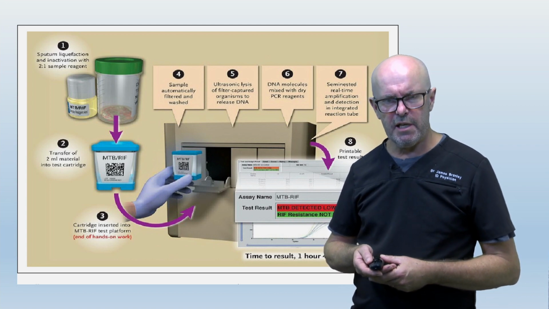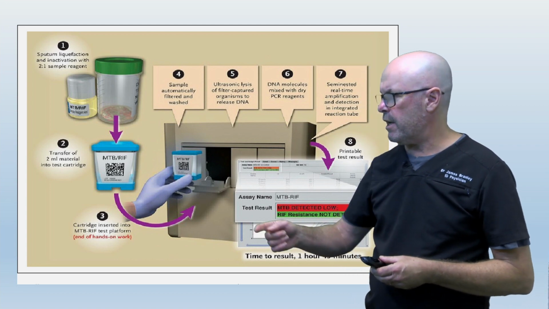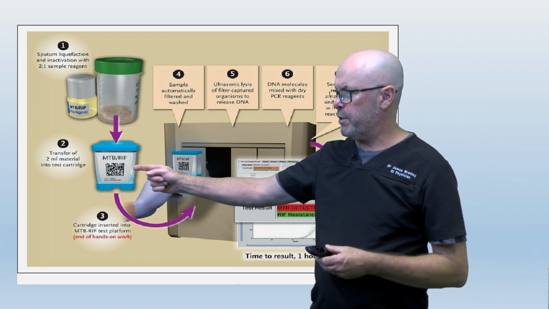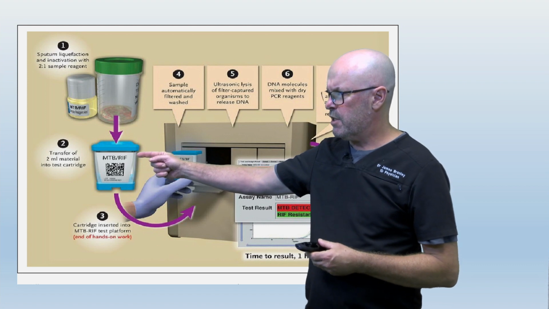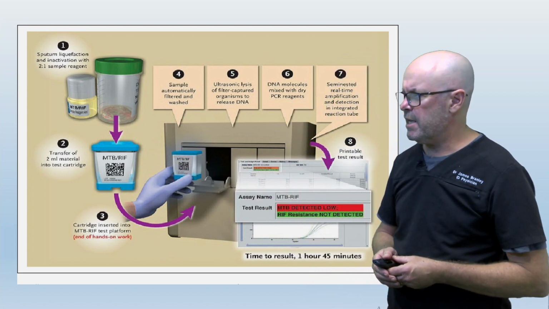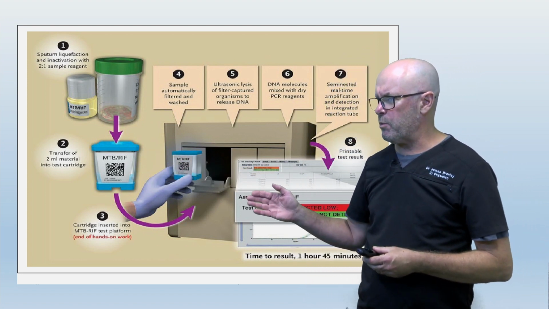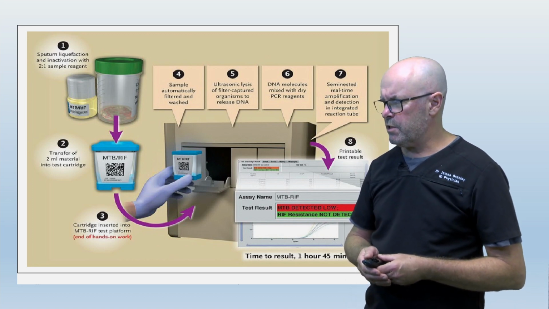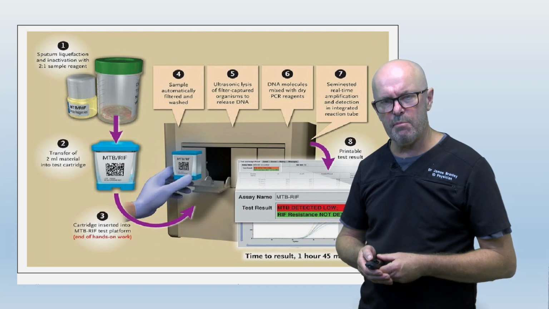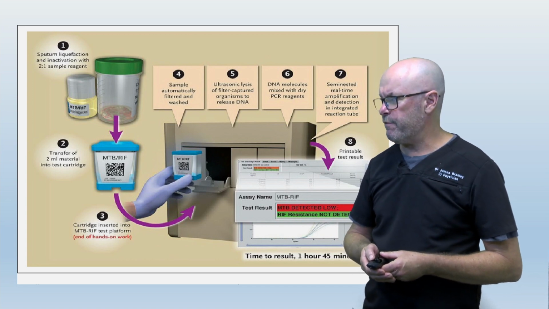This one is actually a tuberculosis cartridge, so what we're dealing with is MTB and rifampicin resistance. So this is a duplex assay, and it's very widely used throughout the developing world, and it enables both detection of MTB and also detection of rifampicin resistance.